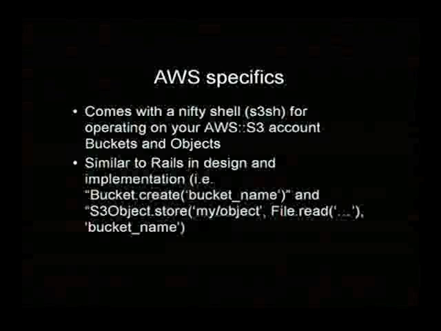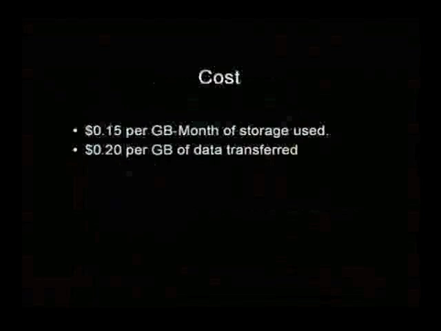And it's really similar, as I mentioned earlier, to Rails in design. You can see a couple examples here. To operate on a bucket, you just say bucket.create or bucket.whatever the methods are. And the same with object. S3 object.store something, file.read, and then in whatever bucket.